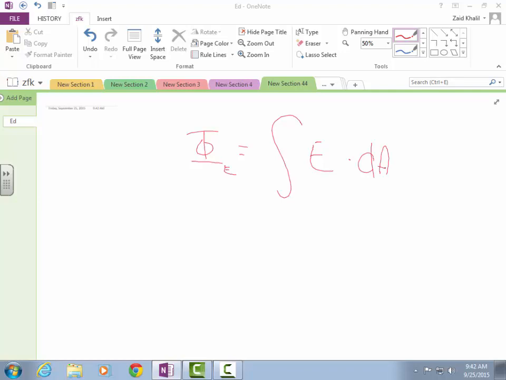Gauss's law says the electric flux is equal to Q enclosed over epsilon naught. That's one way to calculate it. Another way to calculate it is finding the integral of E dot dA. So I think you might be able to do 7A.